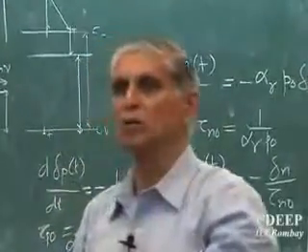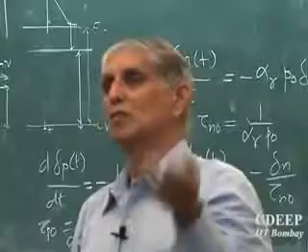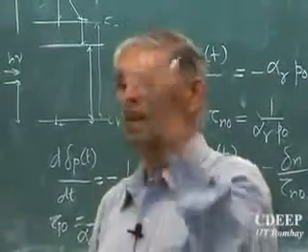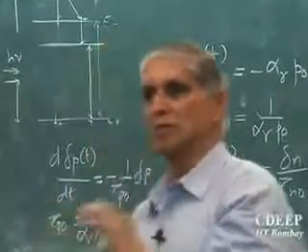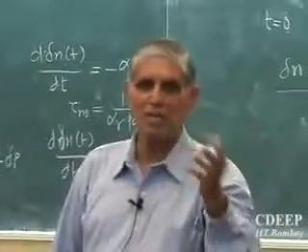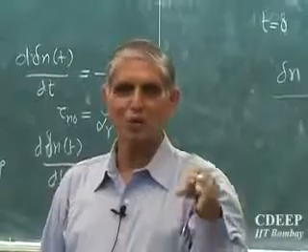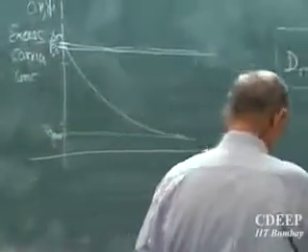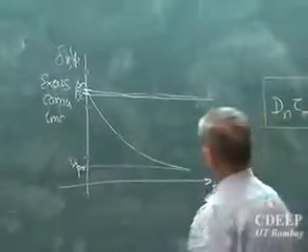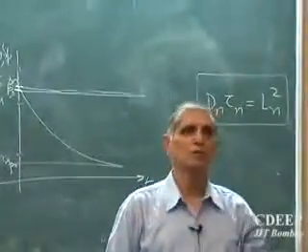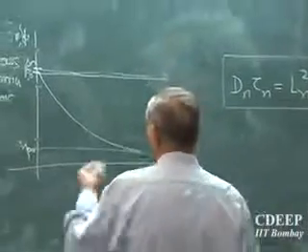By the same argument, it will be pn0, the minority hole concentration in n material at equilibrium. Books actually keep changing this, so if you see another book, they may have written np0 instead of n0, which is essentially the same. So the decay you obtain depends on what tau n0 is.